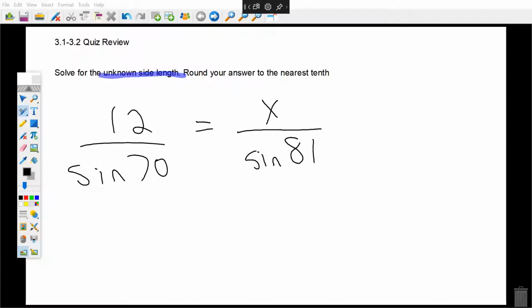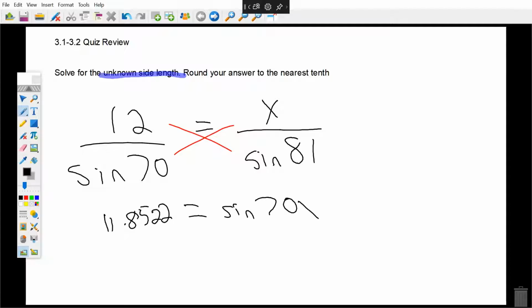All right, so here the equation's already set up, so we just have to cross multiply and divide. 12 times sine 81 is 11.8522, etc. equals sine 70 times x, is sine 70x.